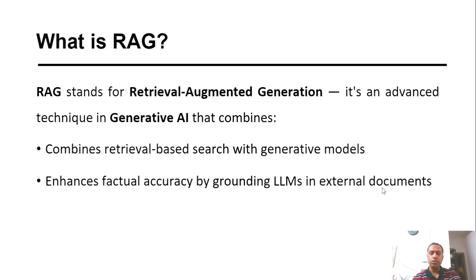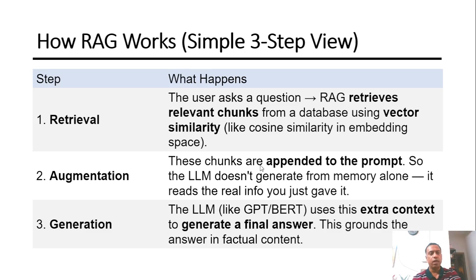RAG combines this with the generative capabilities of LLMs to produce responses that are more conversational, contextual, and accurate. How RAG works: this slide gives us a 30,000 feet view of how RAG works. You have the retrieval, augmentation, and generation phases. In the first phase, the user asks a bot a question and RAG retrieves the relevant chunks from a vector database.